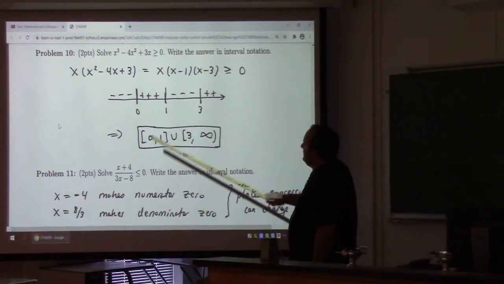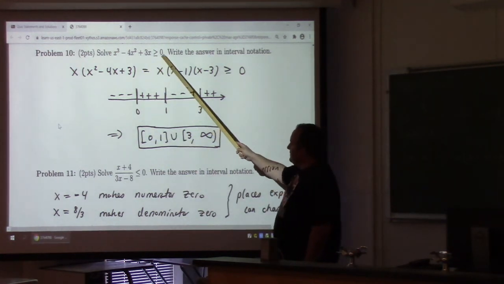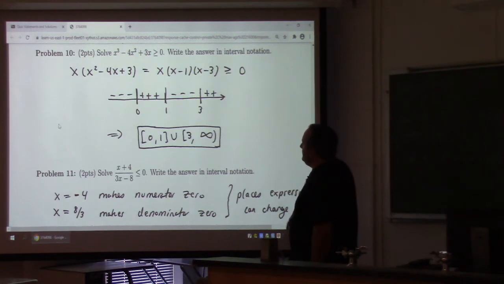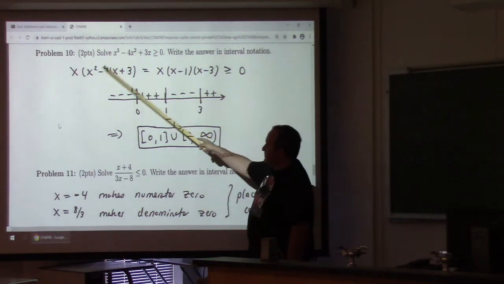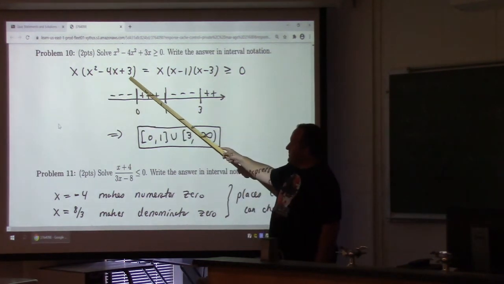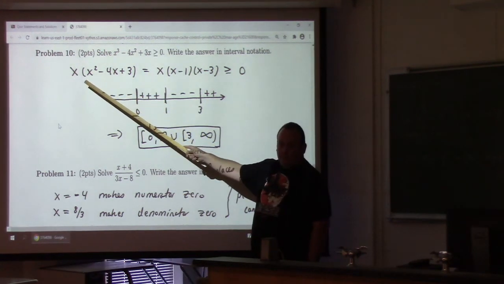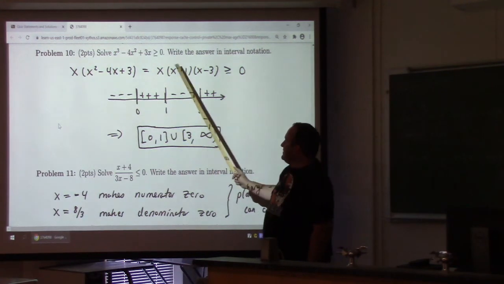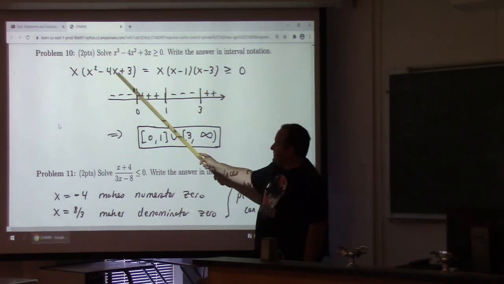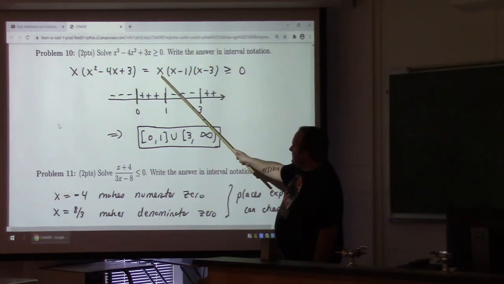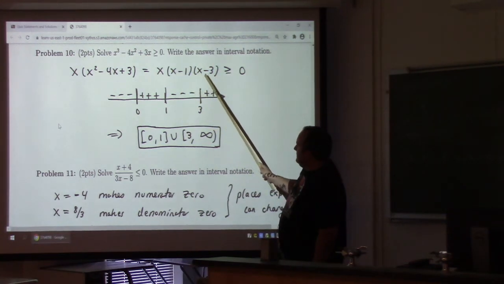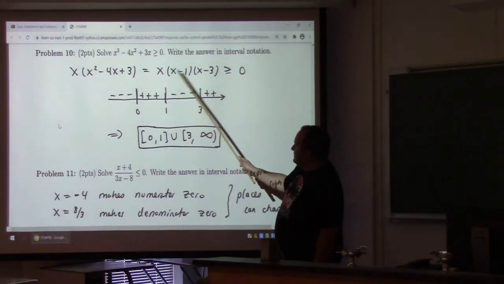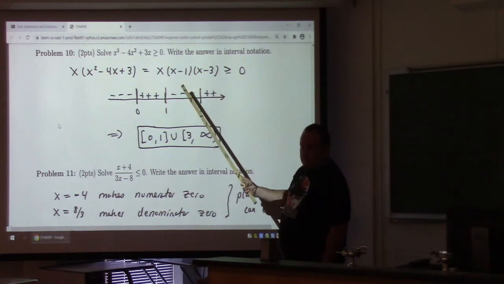so here, solve x cubed minus 4x squared plus 3x greater than or equal to 0. So I factor an x out, and then it's a pretty easy quadratic that you've been able to factor since algebra 2 or whatever, right? x minus 1 times x minus 3 for this one. And so I have critical numbers 0, 1, and 3. Those are the places where this expression can change signs.